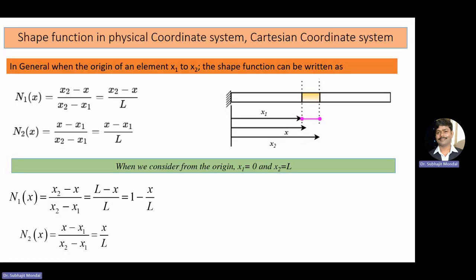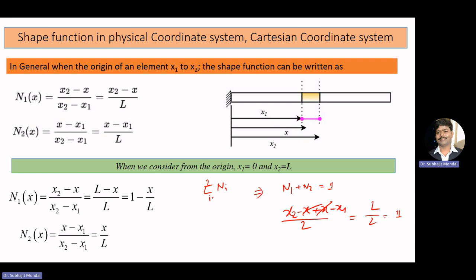Next, another important property is that the sum of the shape functions will be 1. So we can write N1 plus N2 is equal to 1. Writing it out, (x2 minus x) plus (x minus x1), divided by L, is nothing but L by L, which is equal to 1.